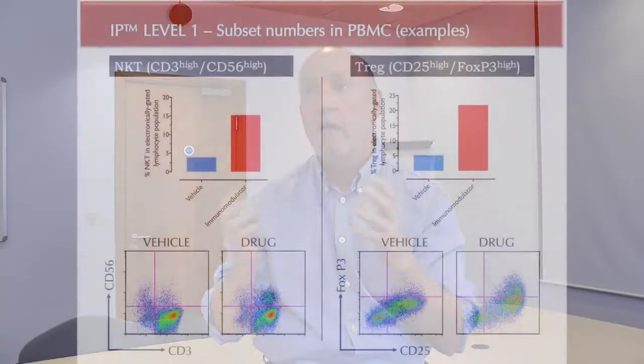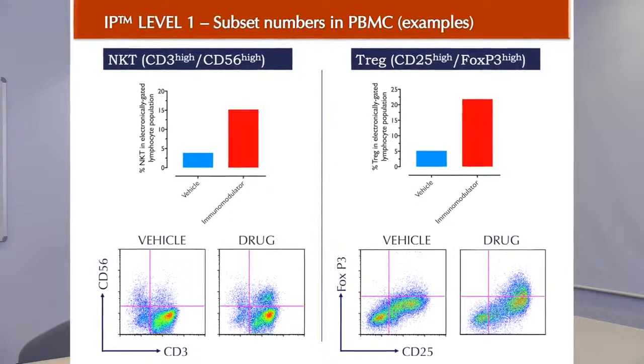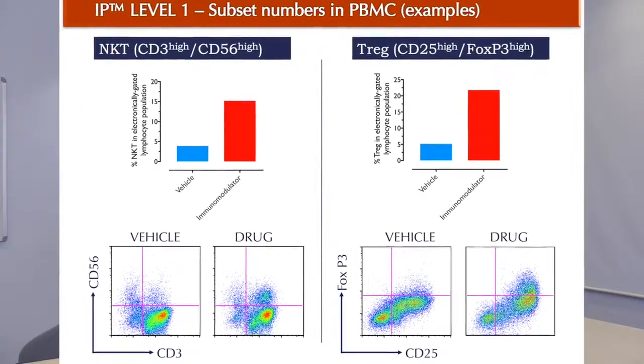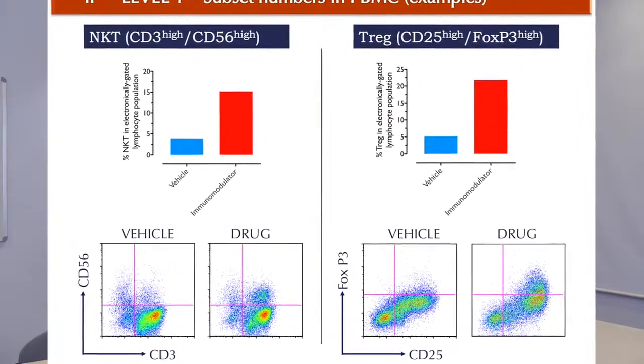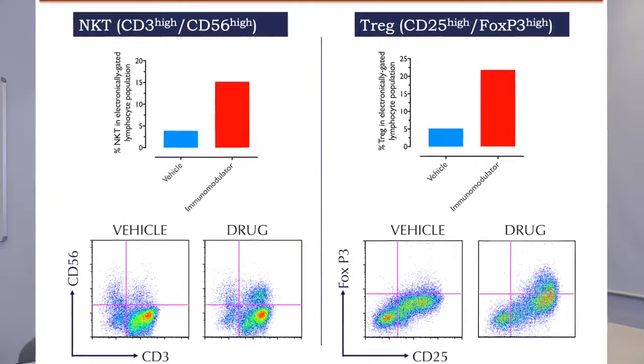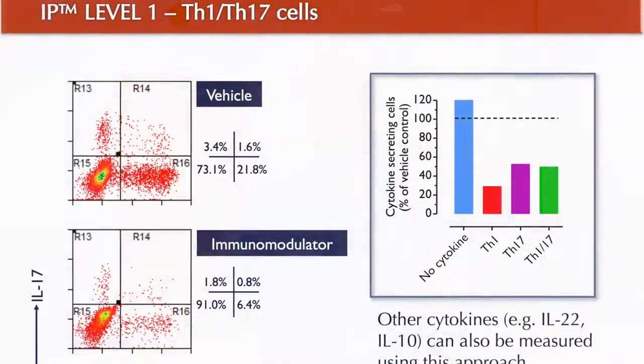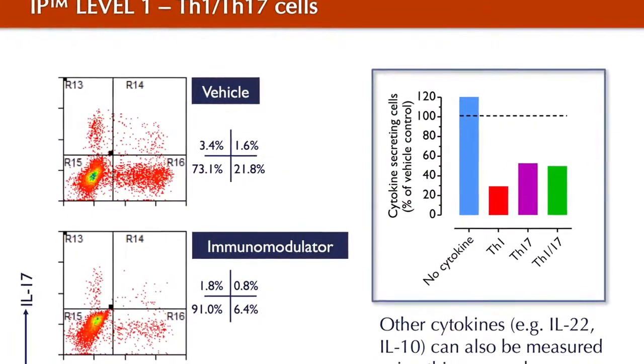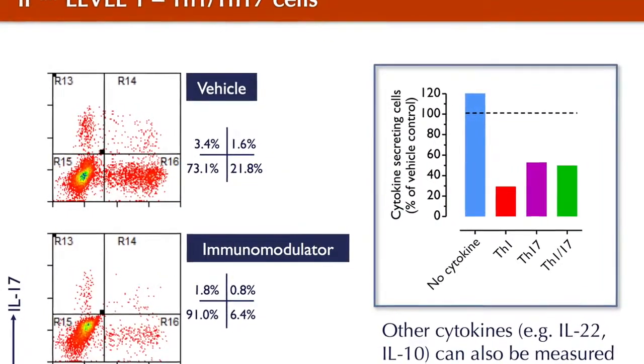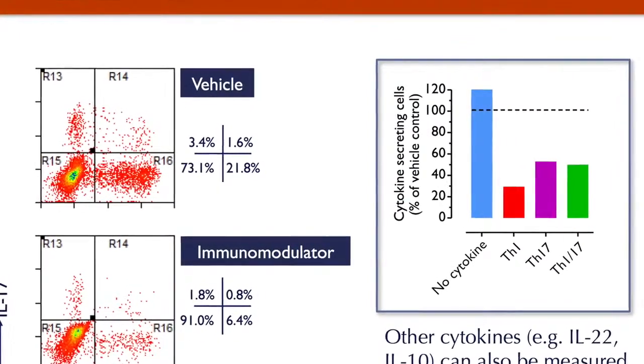So level 1 would be looking at the human immune system in its generality usually. So asking about how a compound might impact the various subtypes in a relatively global way.